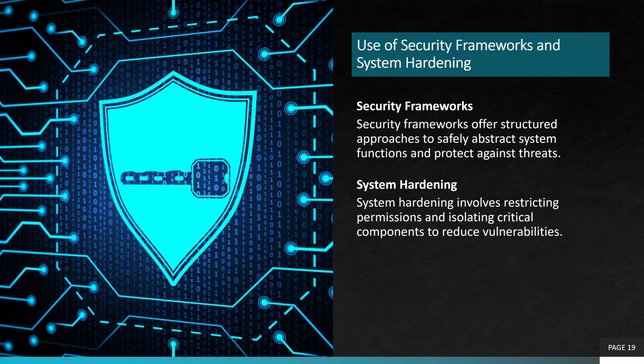System hardening involves restricting permissions, isolating critical components, and reducing vulnerabilities. On top of packages and software installation and configuration, you also have to make sure that users have the proper permissions, whether they're regular users, power users, or root level administrative access. All of those you have to do correctly.